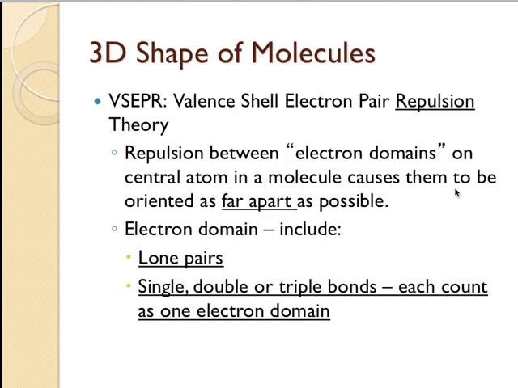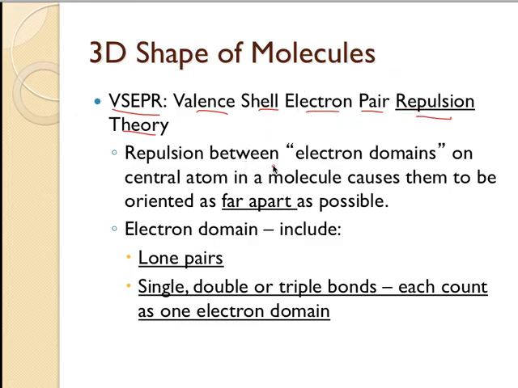Essential questions. All right, 3D shape of molecules. It's based on this theory known as VSEPR. We call it VSEPR even though it's spelled a little differently. Valence shell electron pair repulsion theory. Electrons, as you know, are negatively charged, so electron pairs are going to repulse each other.